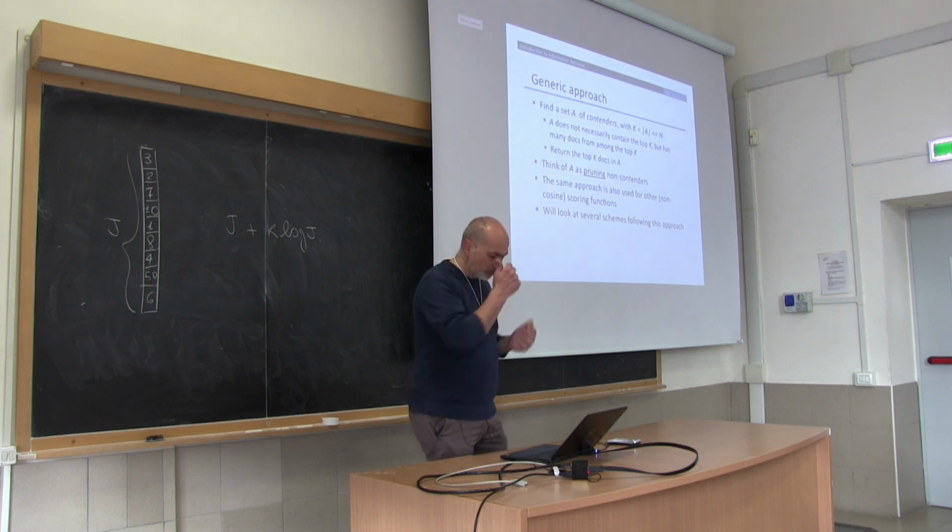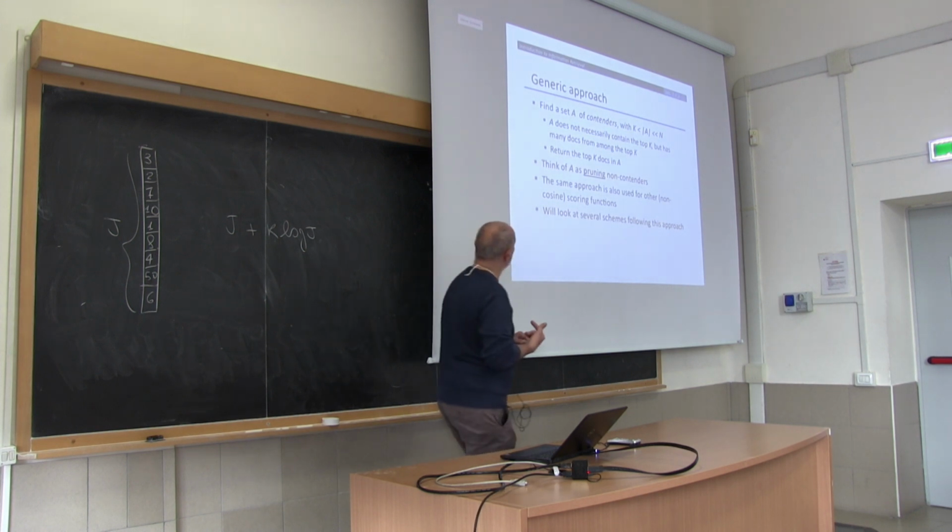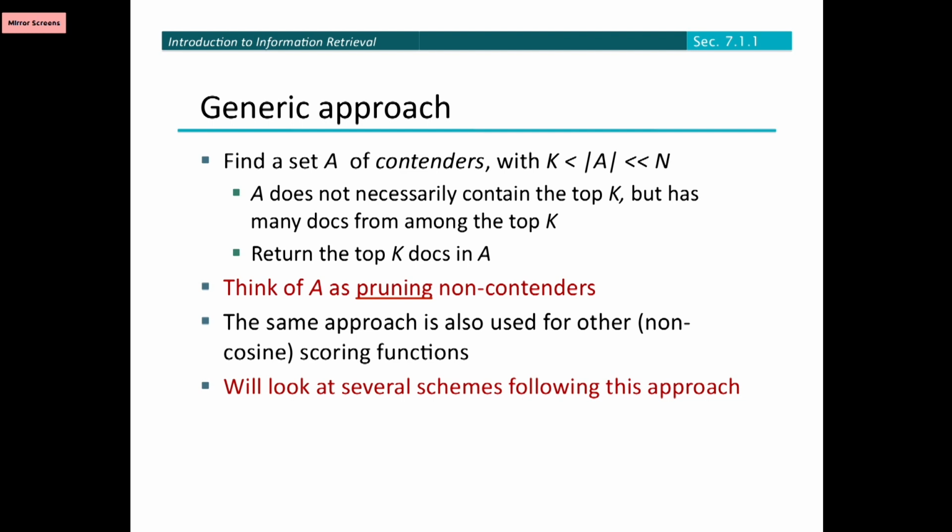So, okay, let's try to formalize this a little bit. What do we want to know? Actually, we would like the following. We have a query, and we have all the documents. We want to come up with a subset of the documents, which is called A there. It is called the set of contenders.